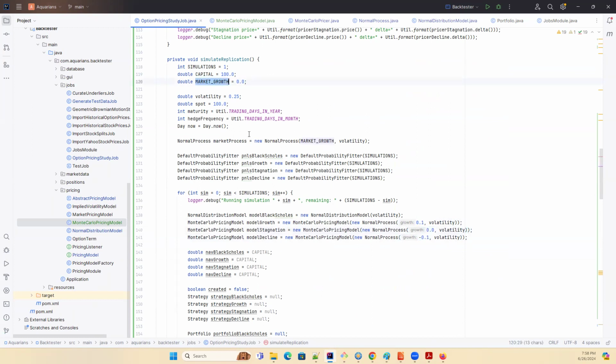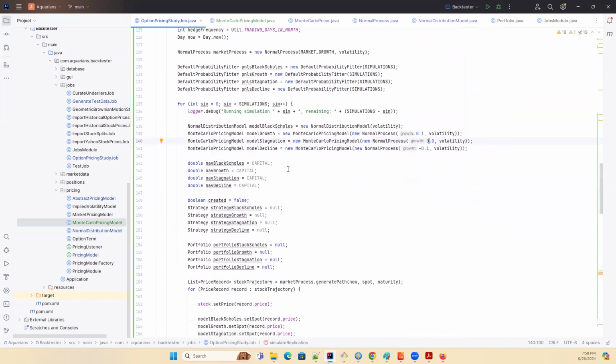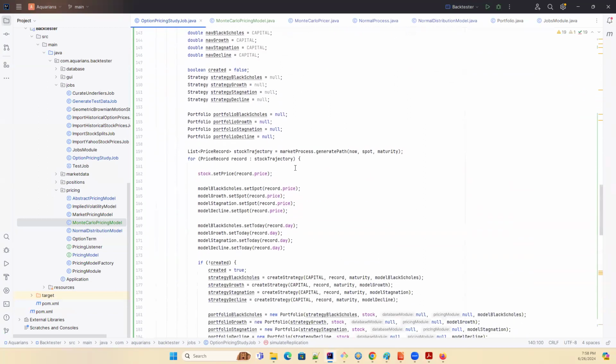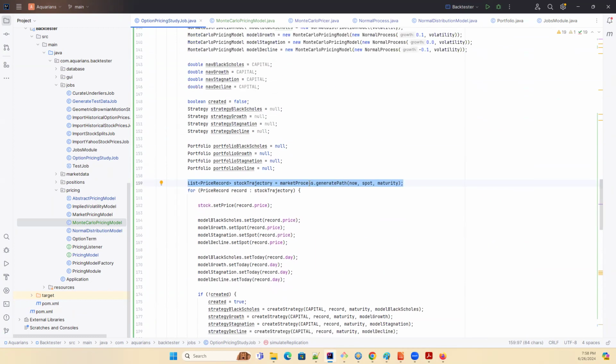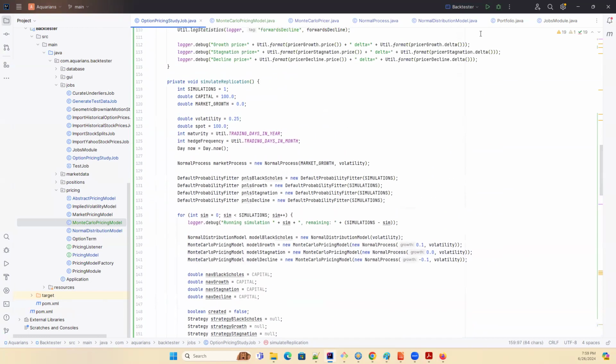Actually, probably we should use the market growth. Okay. Anyhow, we are going to have different models here, and we generate trajectories for the stock price. So for now, let's just generate one. So one simulation.